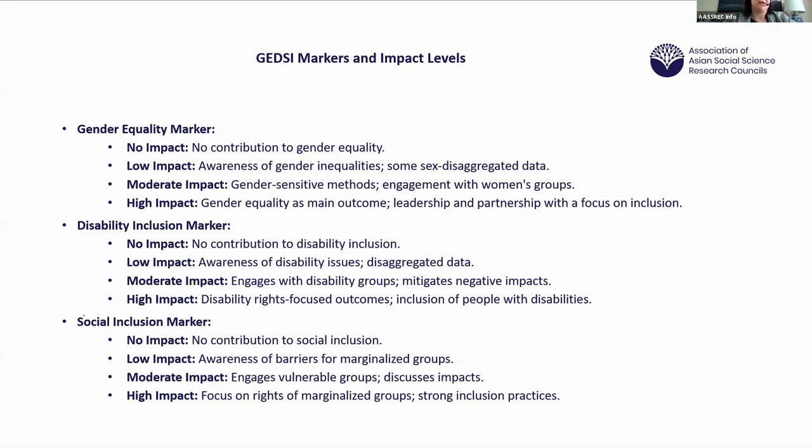You would do the same for disability and social inclusion. So it's compulsory to select a category for each of those 3 markers, but essentially we're looking to see some form of impact in at least one of those markers.